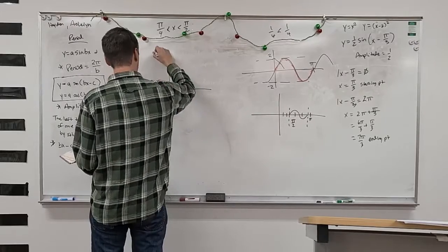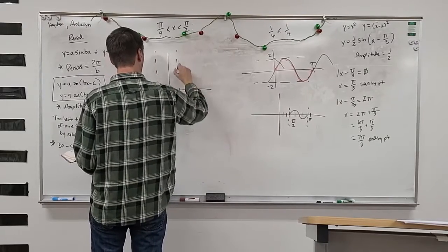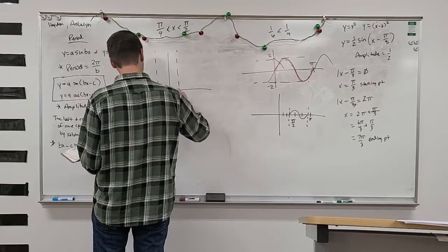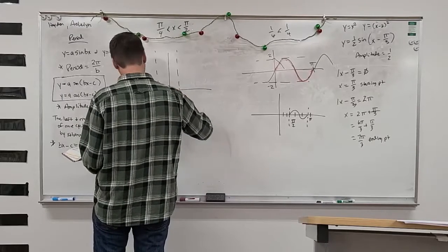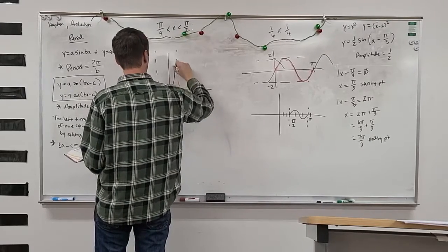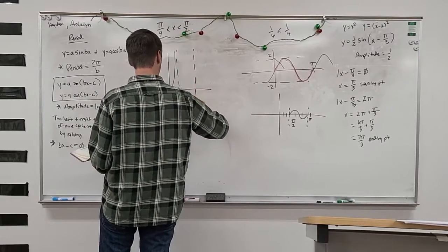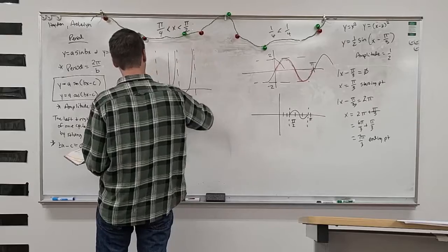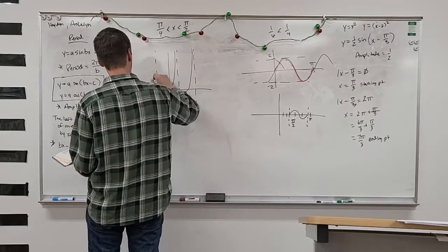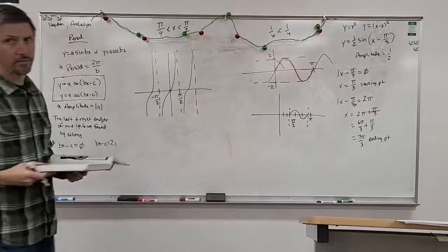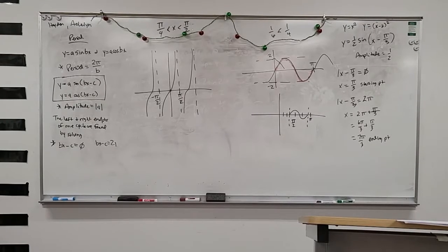And you got an asymptote here, and you got an asymptote here. And so it does this right here through the origin. It does this number. And it just repeats that over and over and over. All right, same thing on this side. So that's what the tangent function looks like.